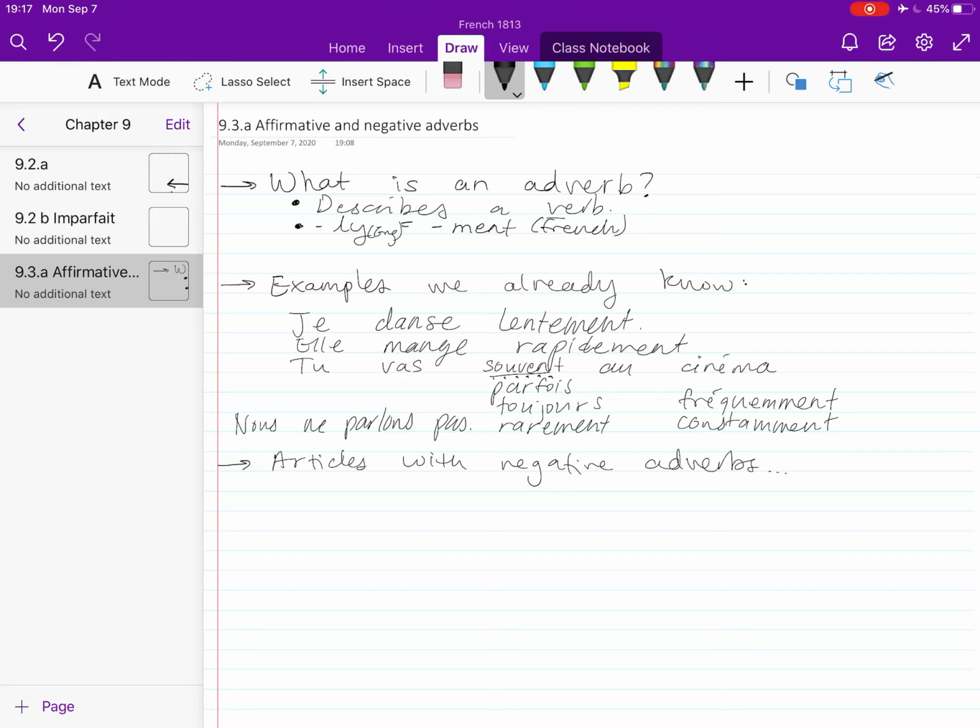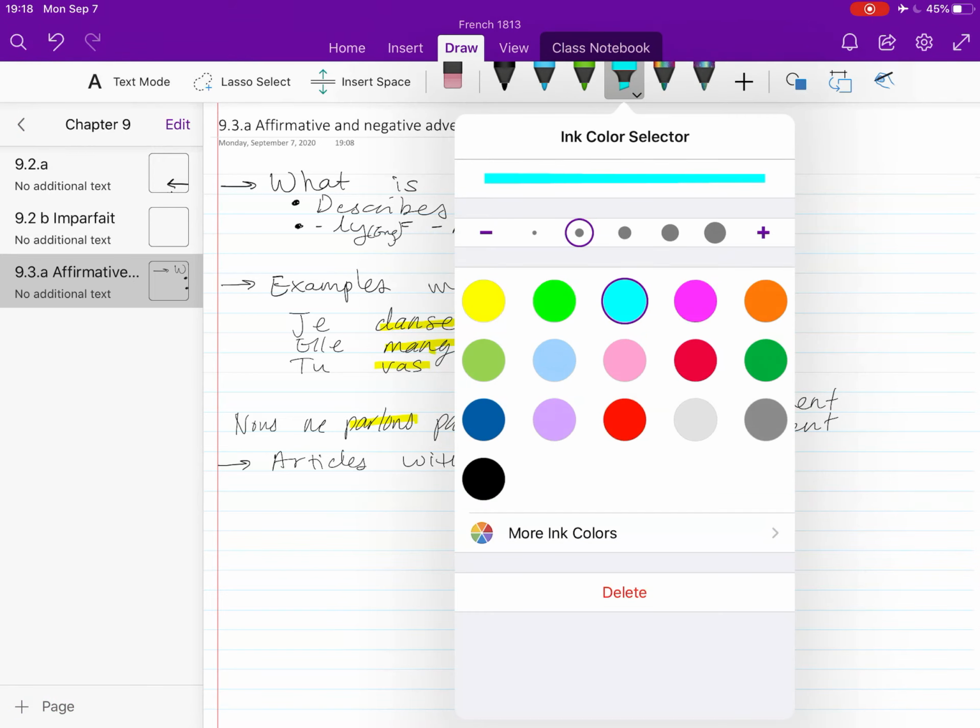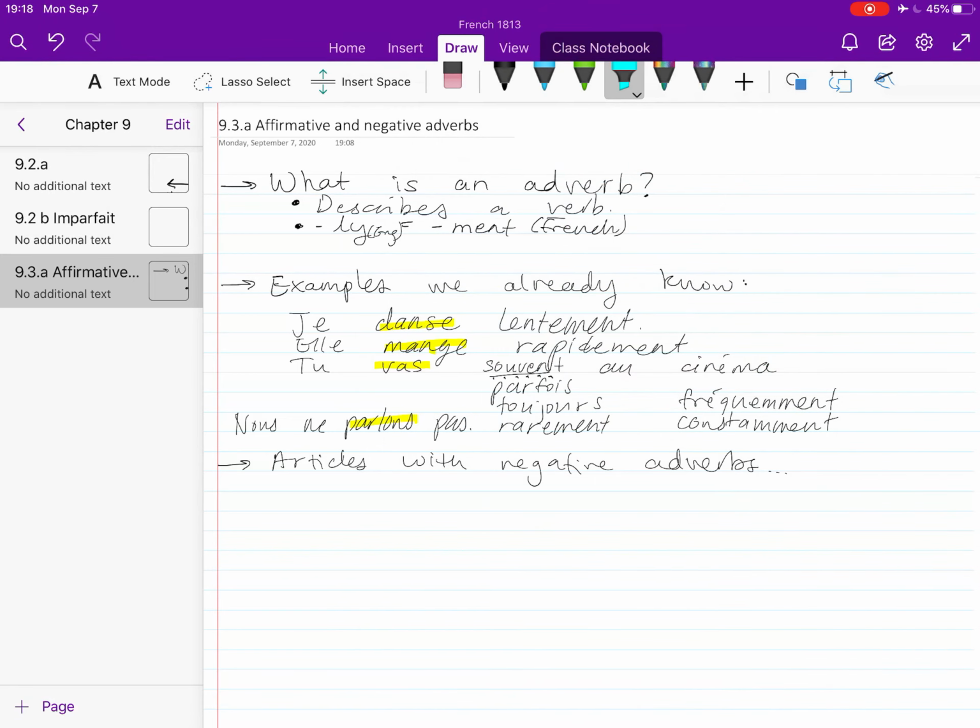Okay, so you're noticing hopefully so far that every time you have a verb, your adverb in general will go immediately after it. So all of these are going to get placed in the same place right after your verb, including your pas. It just so happens that your little ne here has to go before, okay?